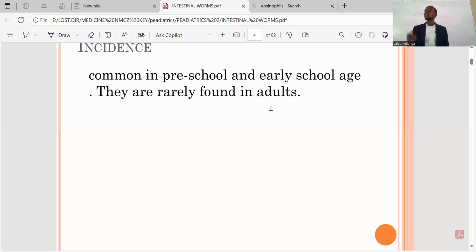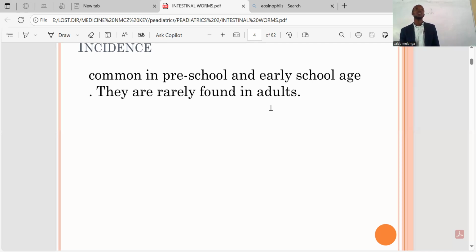But it rarely occurs in adults. It can occur in an adult, because some of you would want to be eating soil, or pick up whatever you find and put it in your mouth. If it was not for those practices, it would be rare. But because of the soil and all these practices, in adults it can also occur, but it's predominantly found in children.